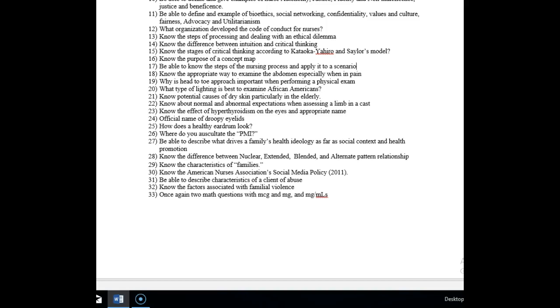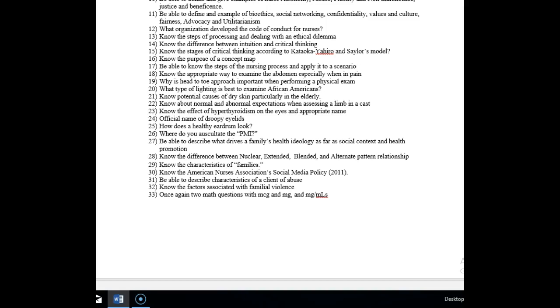We talked about nuclear, extended, blended, and alternate pattern relationships. I don't need to go over nuclear being the mother and father, extended being people outside of your nuclear family, like your brother, your sister-in-law. It could also be a grandmother, other people.